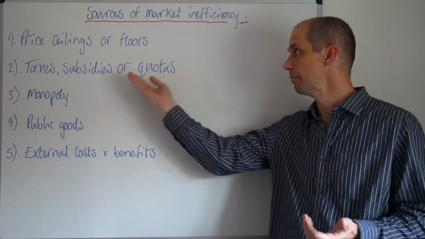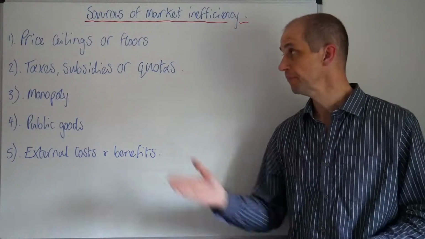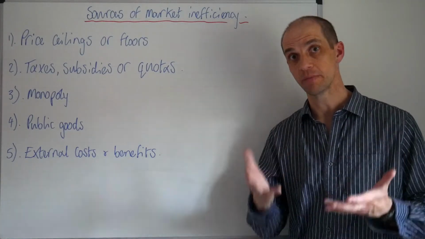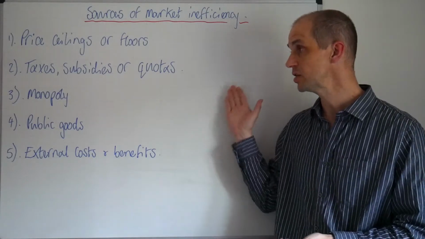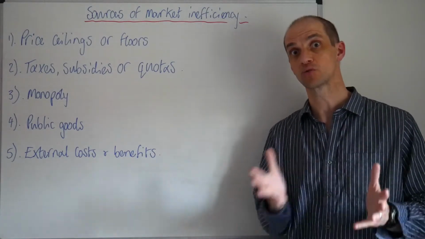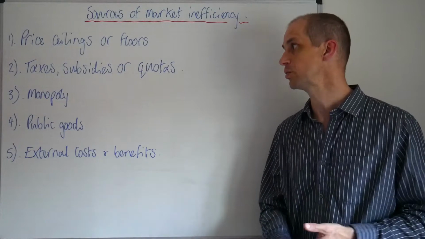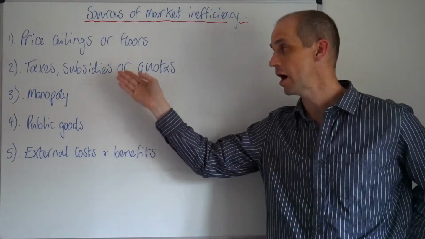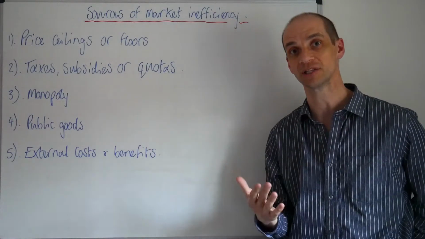Moreover, we've got quotas here. So quotas are a physical and numerical restriction on the amount of production that can take place. As soon as you restrict supply, the price is likely to increase, of course. Now this is often evident within monopolies.